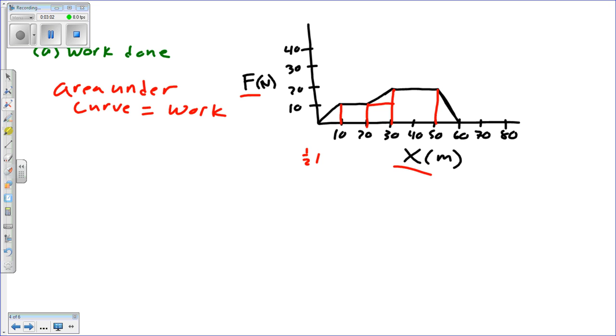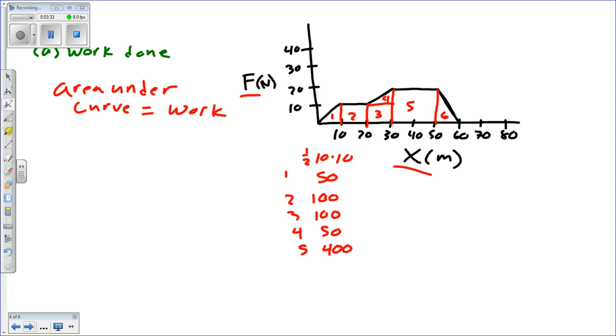So 1/2 times 10 times 10 is going to be 50. That's region 1. Break down the regions here. Region 2, 10 times 10. You don't need a calculator for that one. Region 3 is another 10 by 10. Region 4 is 10 by 10, but it's a triangle, so you're going to get 50. Region 5 is 20 by 20, and that should be 400.